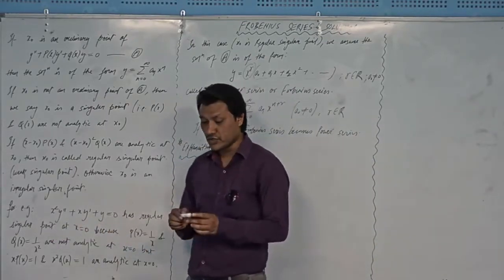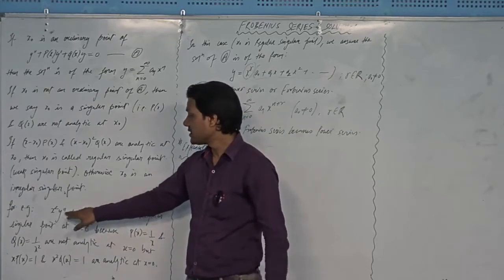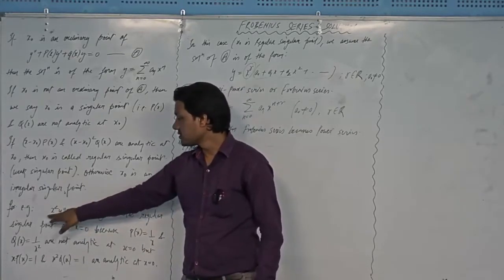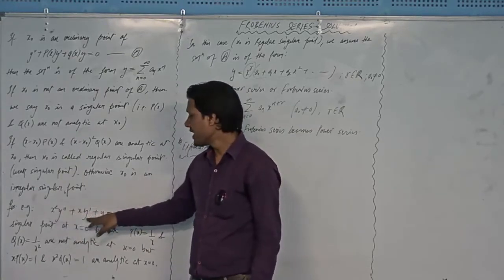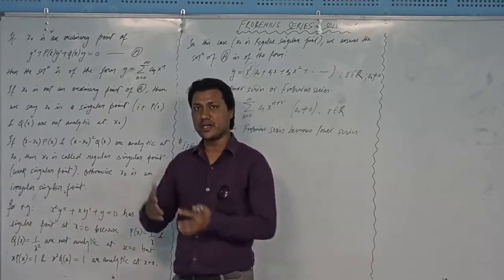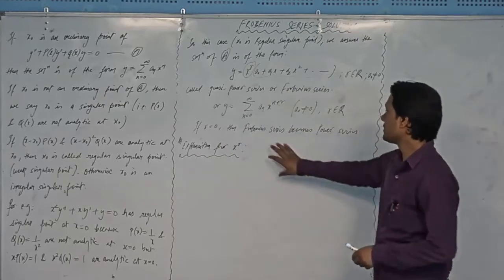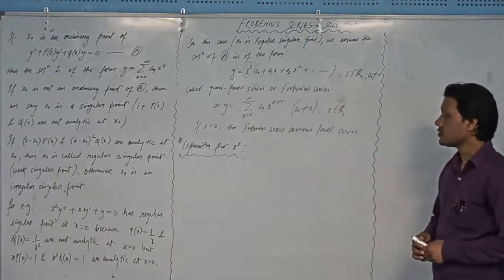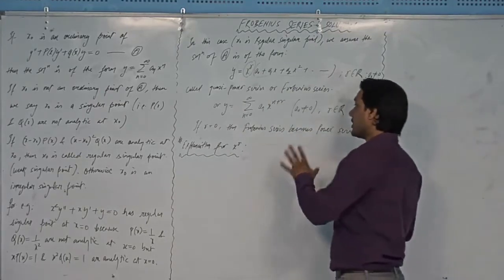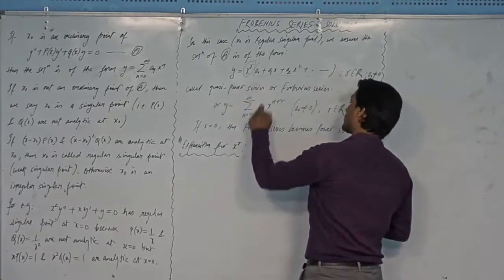A Cauchy-Euler differential equation is of this type: if y double dash is present, then with this you have x square. With y dash you have x. If you have y triple dash, you should have x cubed there, right? So I will write a general second order Cauchy-Euler homogeneous equation in order to understand the presence of this x to the power r.